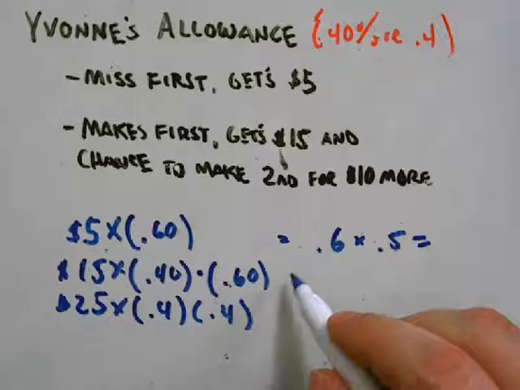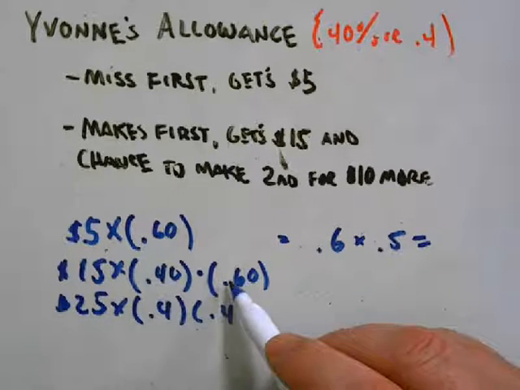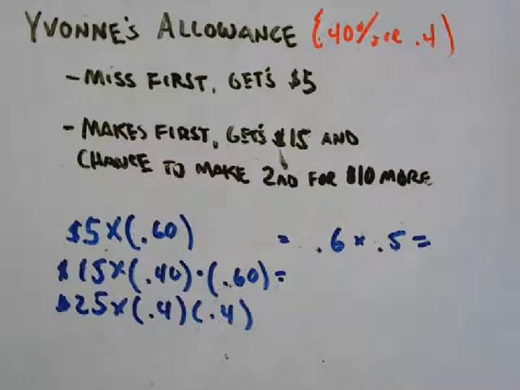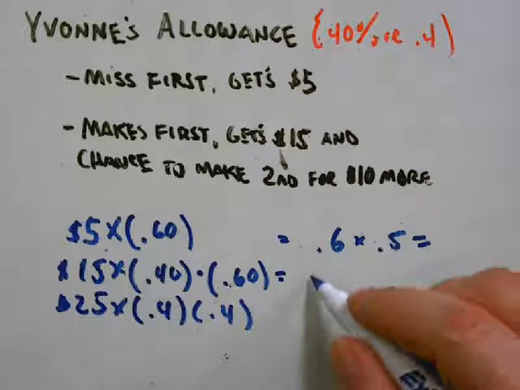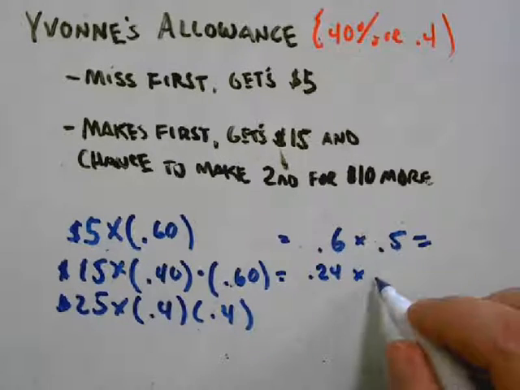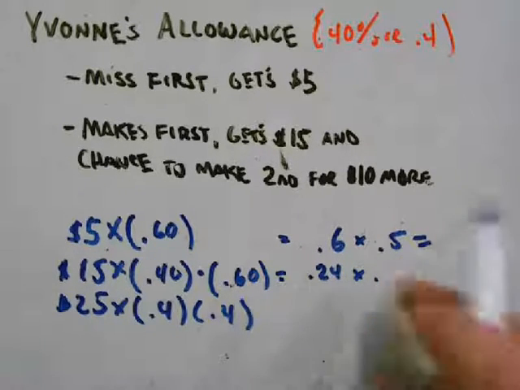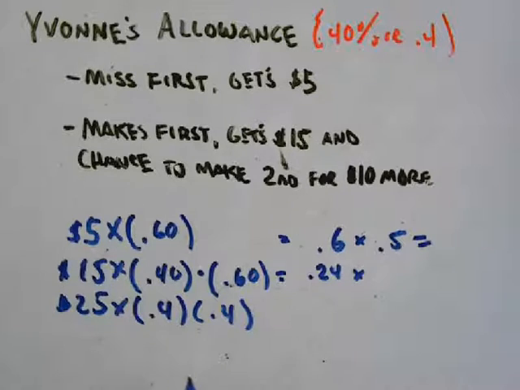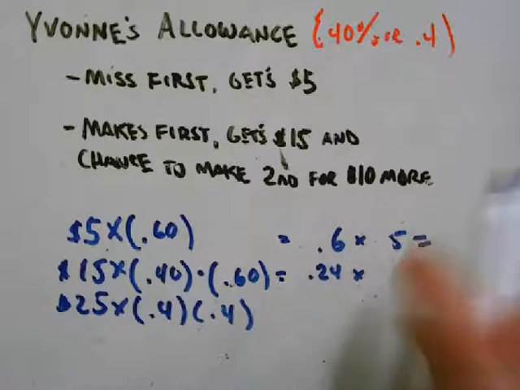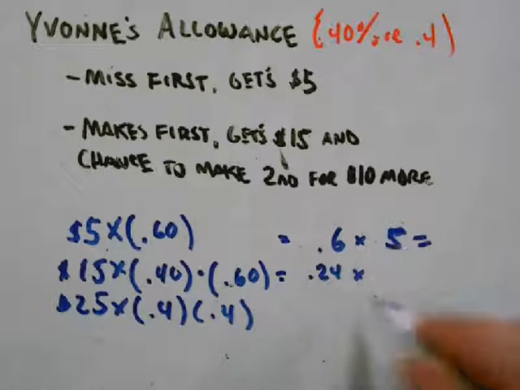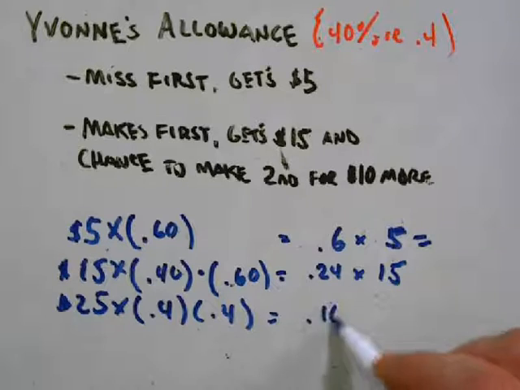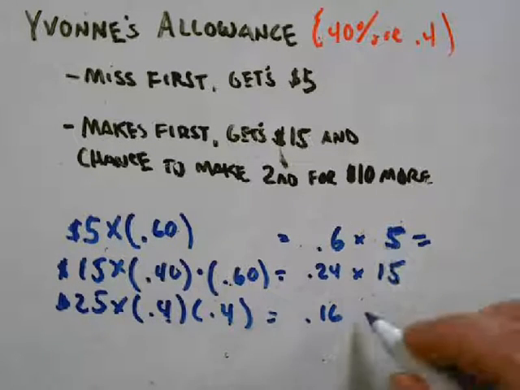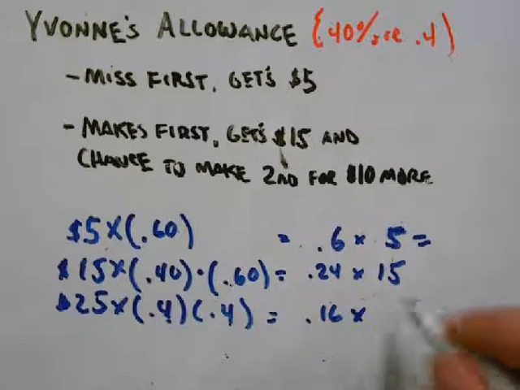We got 0.4 times 0.6, which ends up being 0.24. So it's the 0.24 times the $15. This is the $5, that's not a point there. And the 0.16: the 0.4 times 0.4 is the 0.16 times the $25.